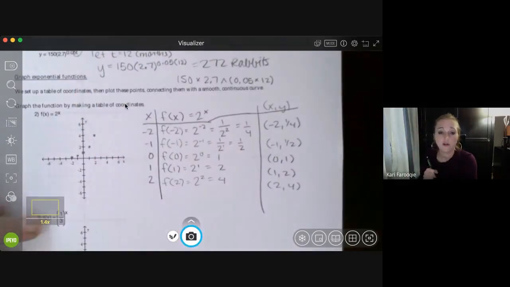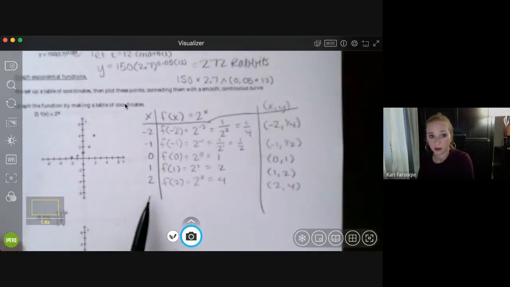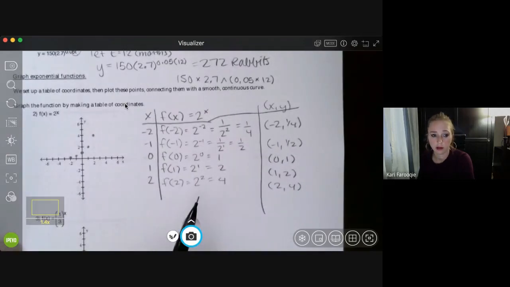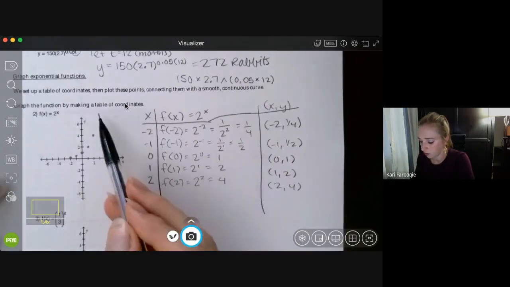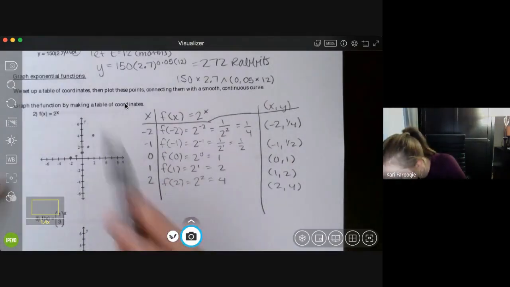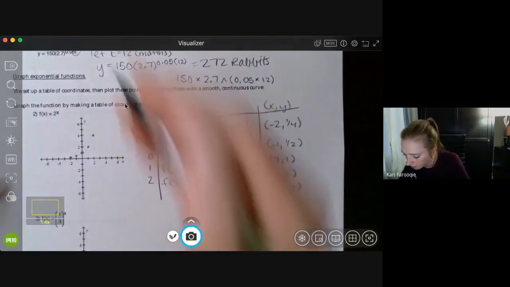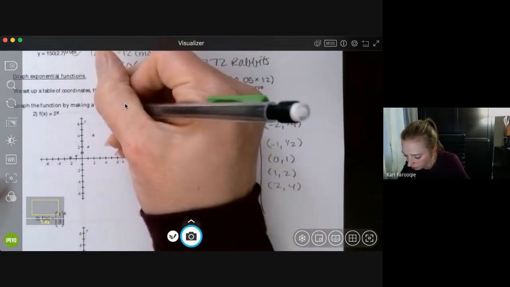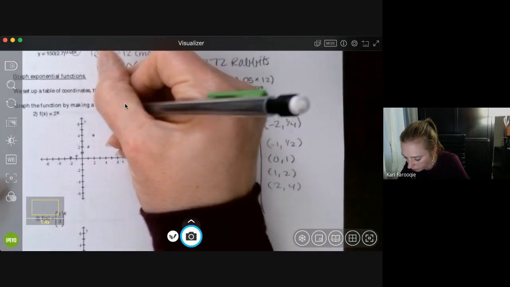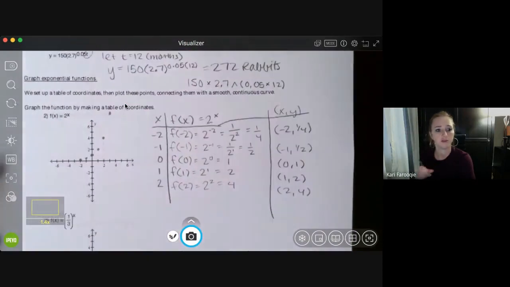Now notice if we were to keep going to the right, if we looked at something like x equals 3, well then we would have 3 and then 2 to the 3rd, which is 8. We actually don't have 8 on our axes. You can put it up there if you want and get a good idea of what would be happening at 3. You don't have to because it's not really here. I'll just pop it on there just to give you a good idea.